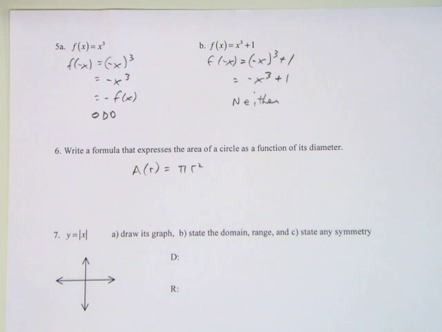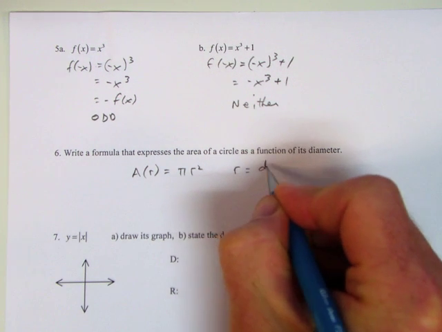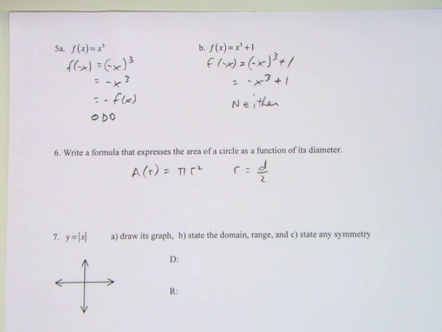So somehow we need to get rid of the radius, and then we need to get in the diameter. So that leads us to ask, can we find an equation that relates the radius to the diameter? Yes, we can. The radius equals the diameter over 2, or you could have started with the diameter equals 2 times the radius and then solve for r.